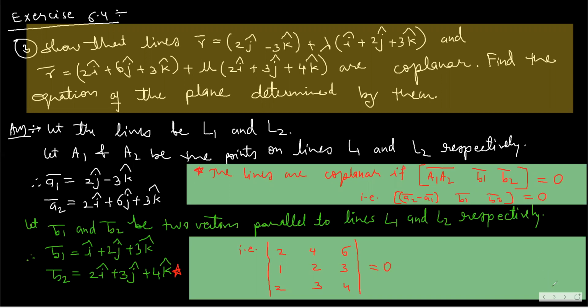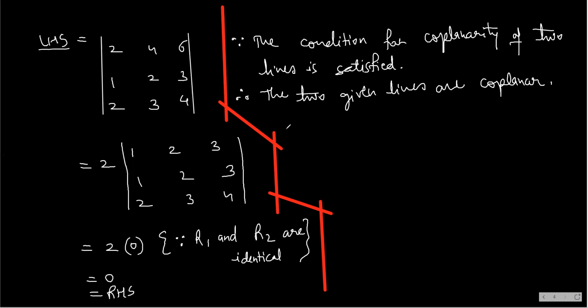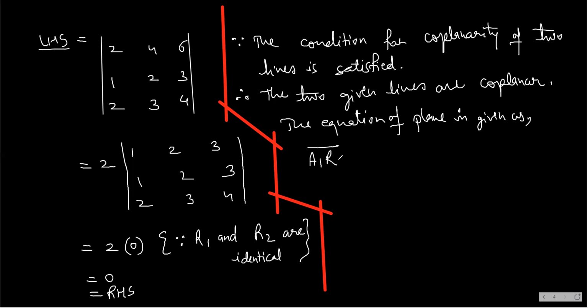So here I will write the equation of the plane. The equation of plane is given as A1R bar, where R is the variable point, A1R bar dot B1 bar cross B2 bar is equal to 0.